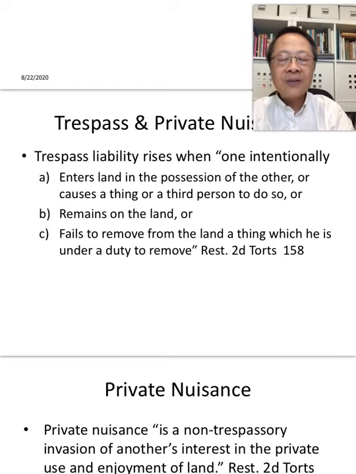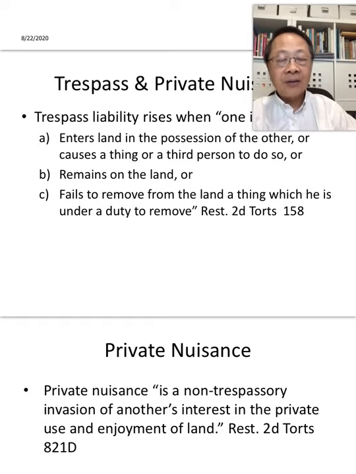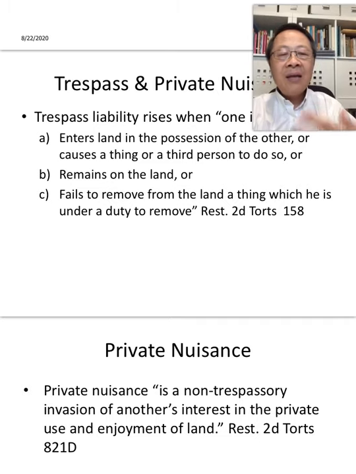And that is, of course, important in the context of pollution, when pollution particles, contamination, or dangerous substances can be put onto another person's land, which can give rise to a trespass claim. And that includes not only putting something onto somebody else's land, but leaving it there.